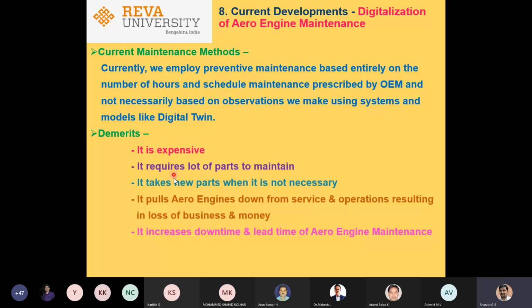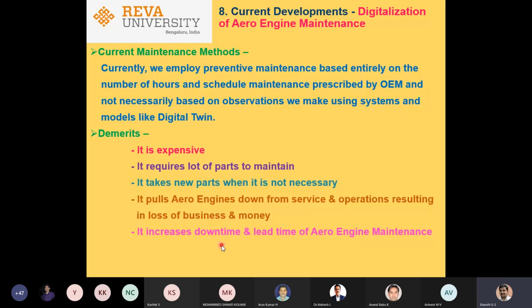It is highly expensive to take out the engine that many times. The parts have to be replaced. New parts have to be bought and then fitted. So there's a lot of money going out here, and it puts your engines down from service and operations, resulting in loss of business. And it increases downtime, so the availability falls down.